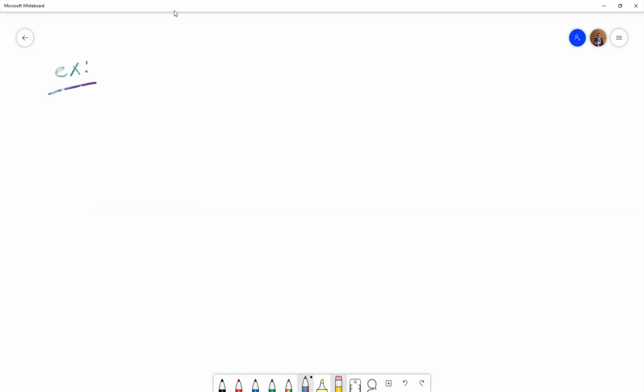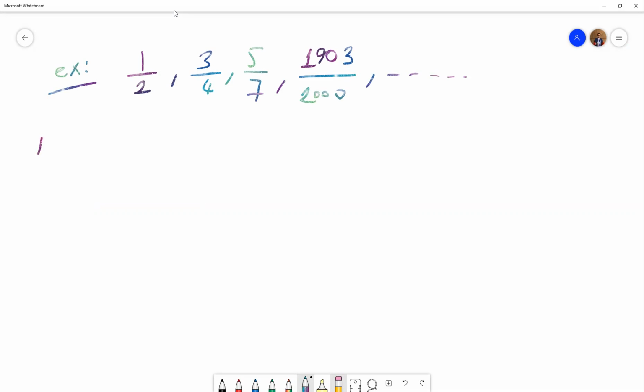Examples: you may easily understand that 1 over 2, 3 over 4, 5 over 7, maybe 1903 over 2000, these are all rational numbers. There's an important note here.